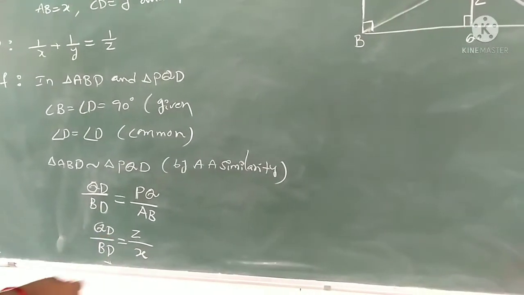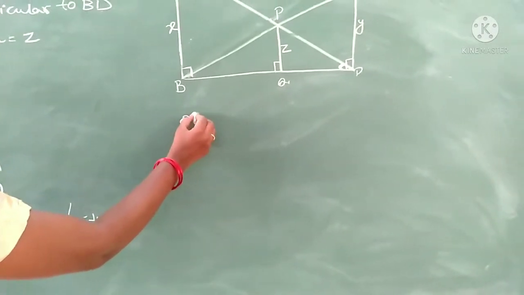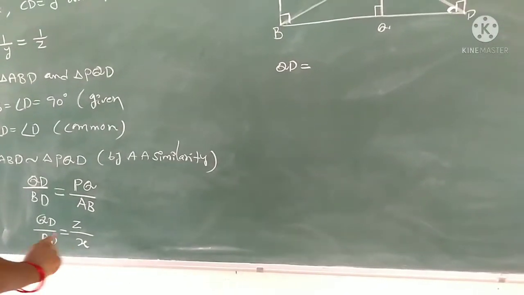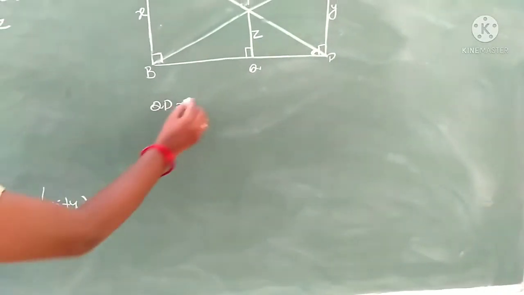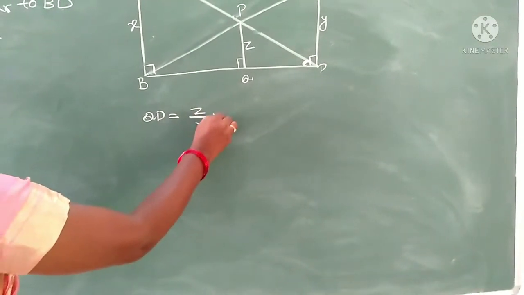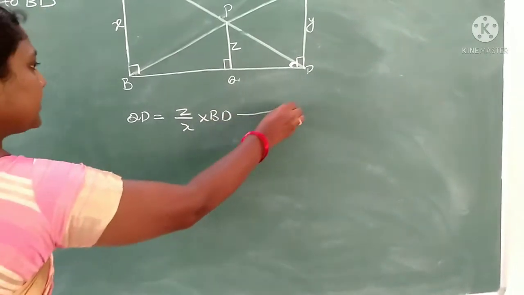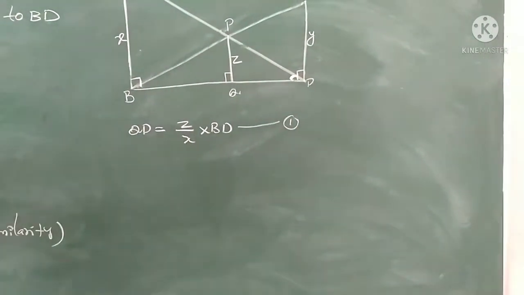Next, BD is divided, so it is converted into multiplication: QD equals z by x into BD. This is equation 1.